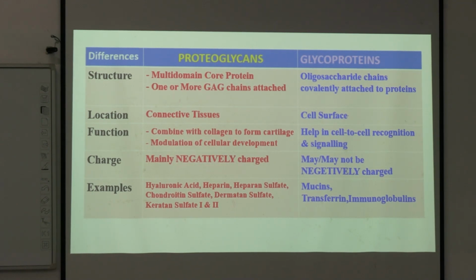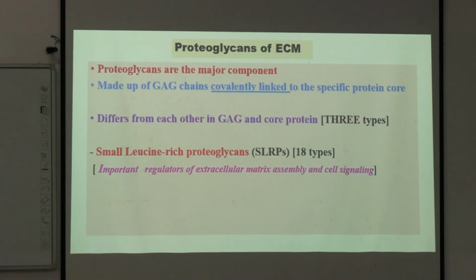So proteoglycans are a major component of extracellular matrix, covalently linked to a specific protein core, and there are 3 different types. One type is small leucine-rich proteoglycans. There are 18 types.